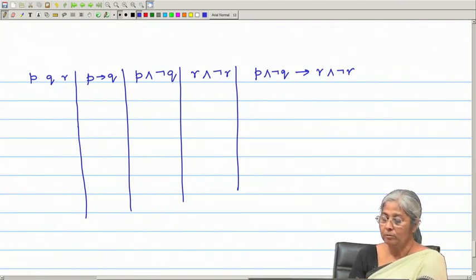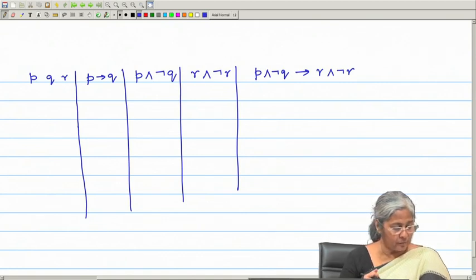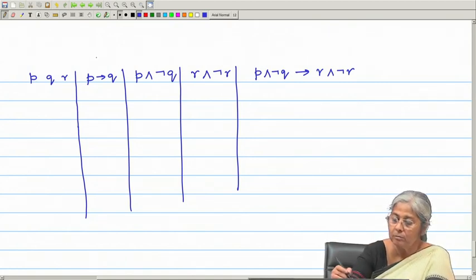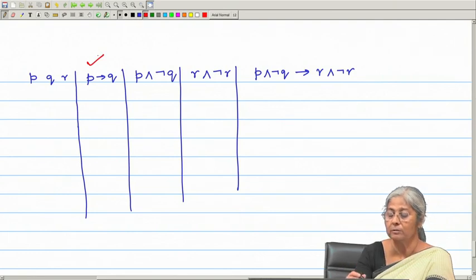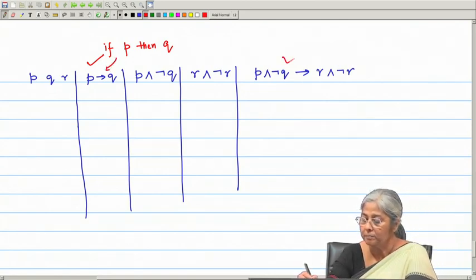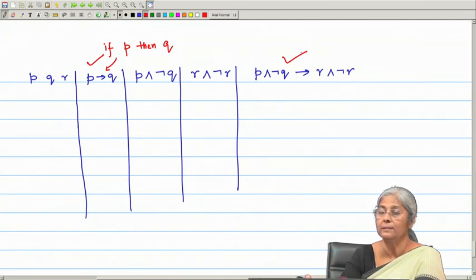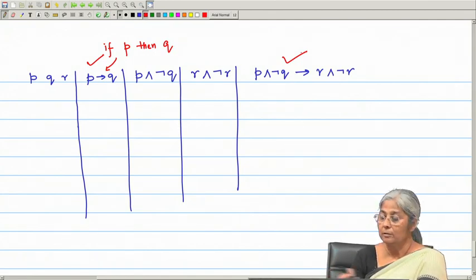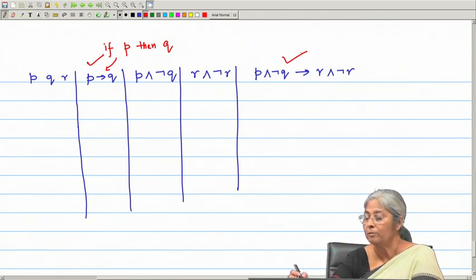Now, we have to show whether P implies Q, because this is the theorem that we want to prove, that means if P then Q, is equivalent to P and negation Q implies R and negation R. What is the basic principle of contradiction?